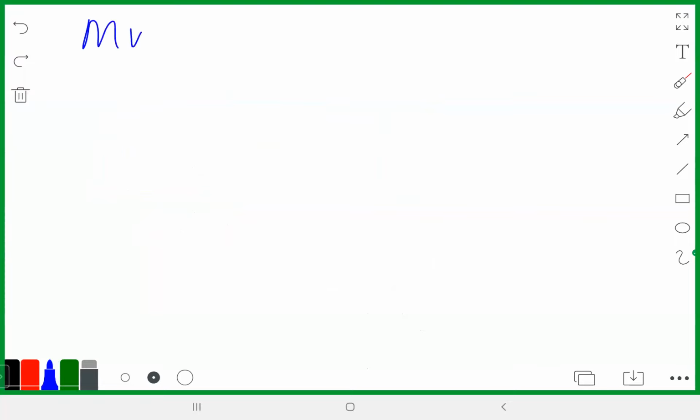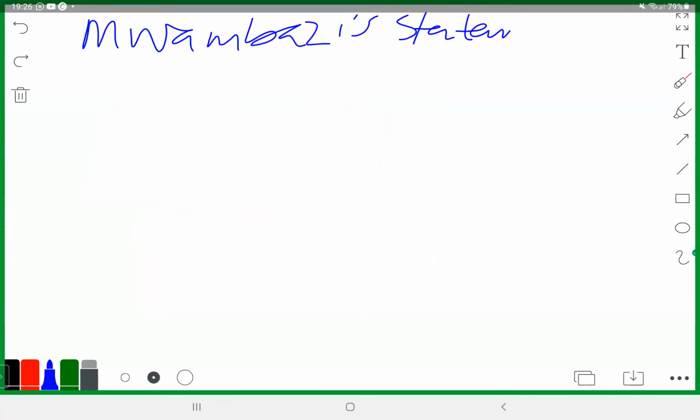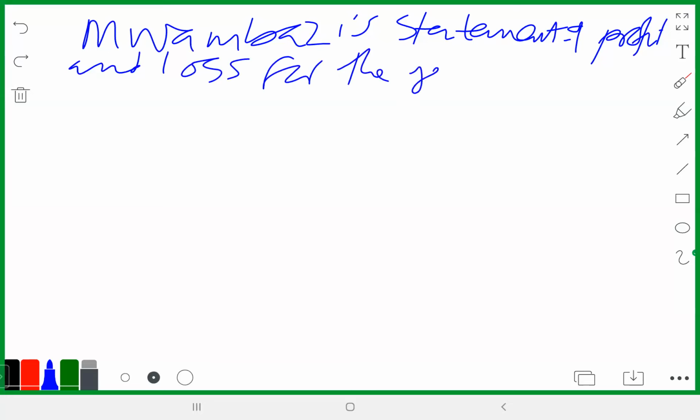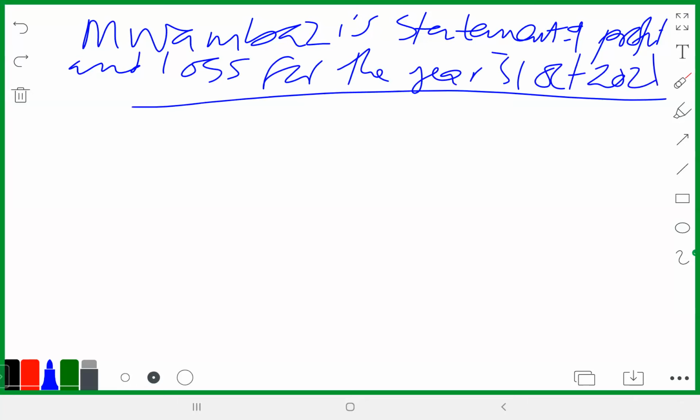The name of this sole trader is Mwamba. Statement of profit and loss and other comprehensive income for the year ended 31st October 2021. Is that clear?